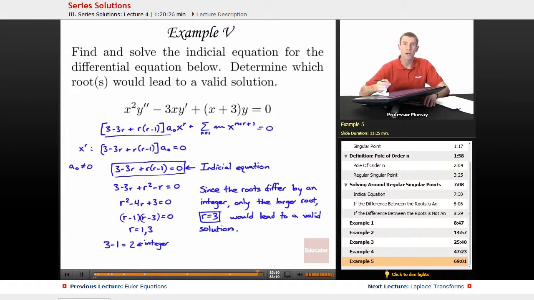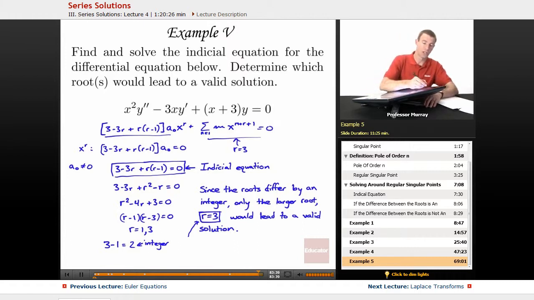But if you wanted to keep going and finish solving this differential equation, what you would do is you'd have to take r equals 3 and plug that back into this differential equation, get a recurrence relation, and then build up your series solution one coefficient at a time. It's rather messy, and so I'm not going to do it, but that's how you would keep proceeding here, with r equals 3. So let me remind you exactly how we got to this stage.